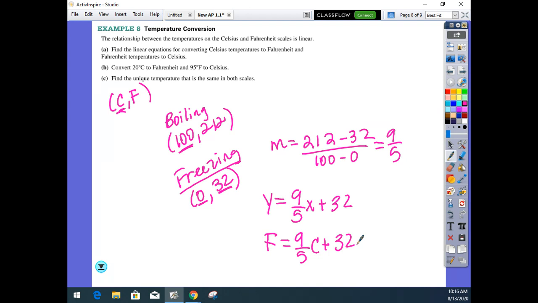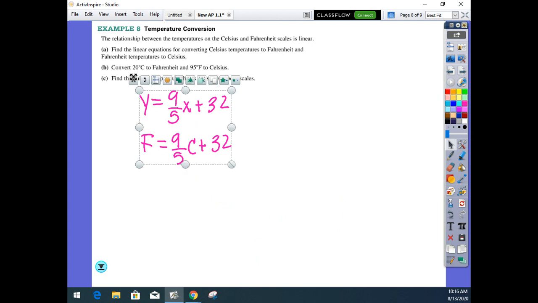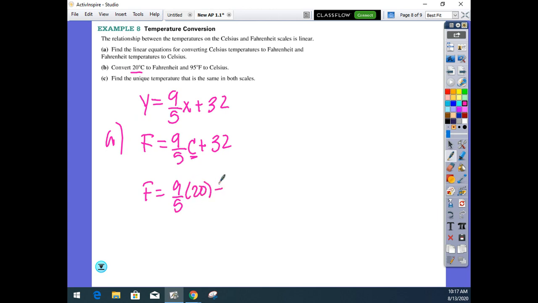All right, so then it says convert 20 degrees Celsius to Fahrenheit. So we just plug in. Let me make a little room here. So if this is our Celsius, we'll plug it in for Celsius. Do your math. 68 degrees Fahrenheit.